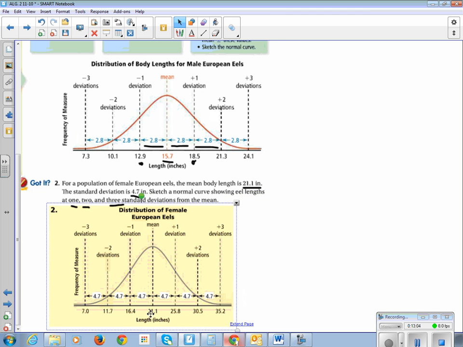So if our mean is at 21.1, standard deviation is 4.7, I use simple addition to get 25.8, 30.5, and 35.2. And I backtrack that and I get 16.4, 11.7, and 7.0.